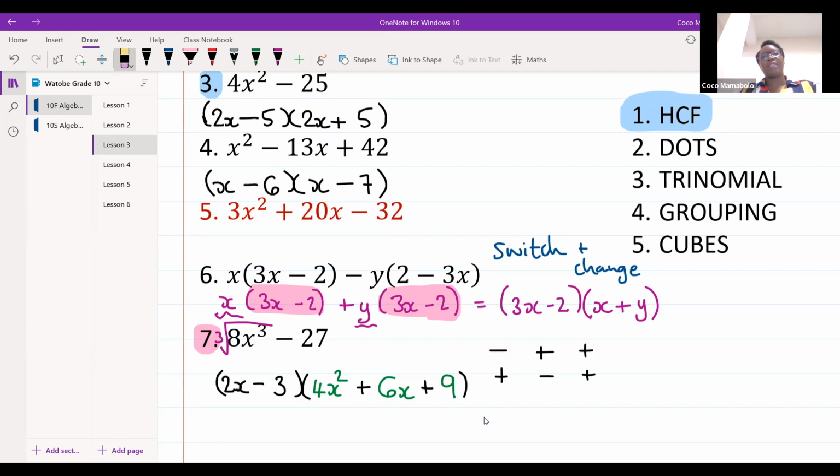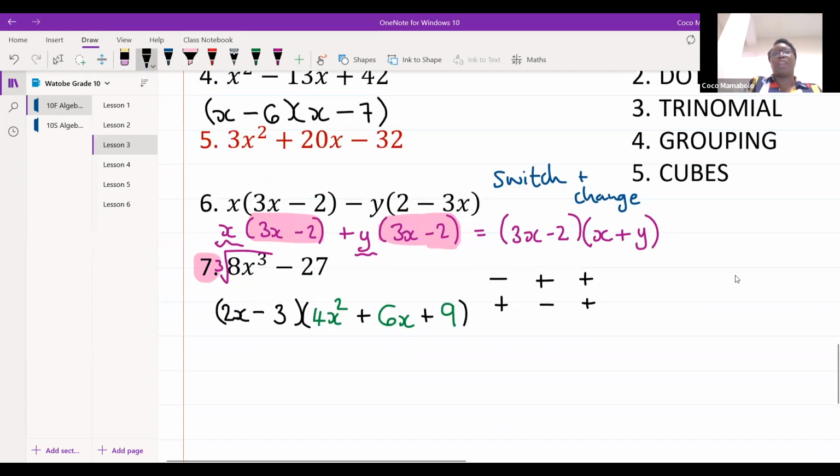I hope that makes sense. I am running out of time, I have got to get out of here. If I had 8x cubed plus 27, I would open 2 brackets. The other one is bigger than the other. In the middle of this bracket, I would put a plus. Over here, I would put a minus. And over here, I would put a plus. Then I would do the same thing.